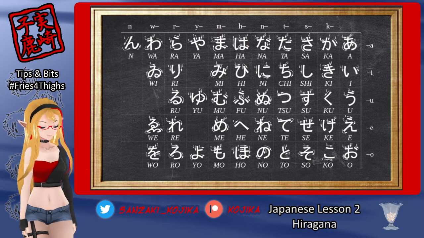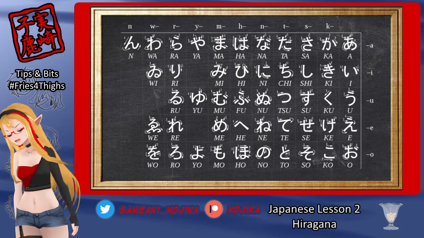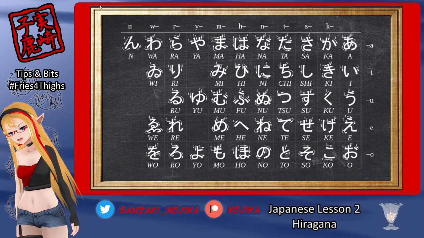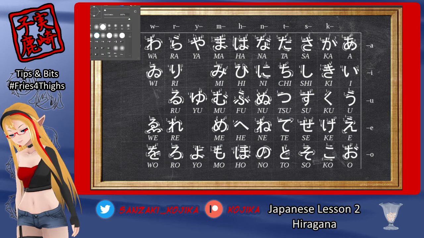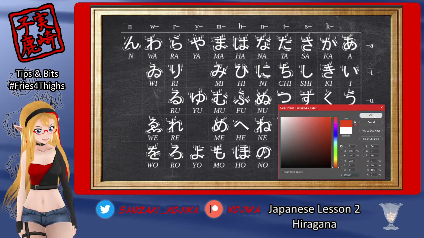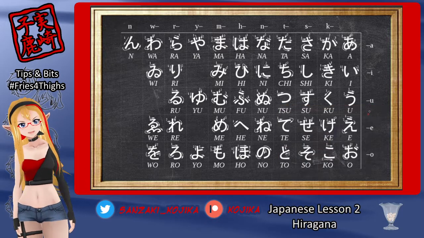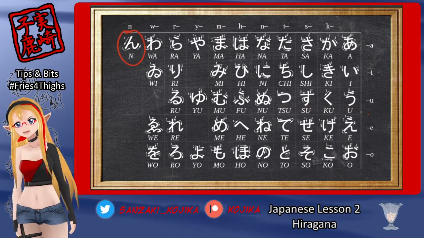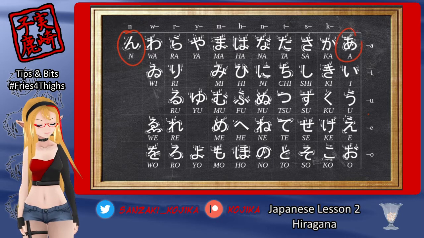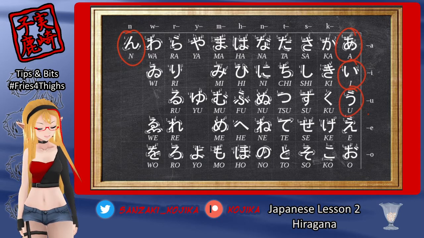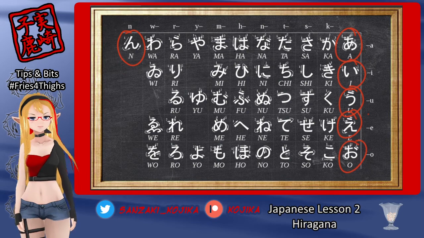Let's see if I make a new thing. So I'll circle it so you guys know what I'm talking about. I'm going to make it red so you guys can see it better. All right, so right here, and then all the vowels: a, i, u, e, o.